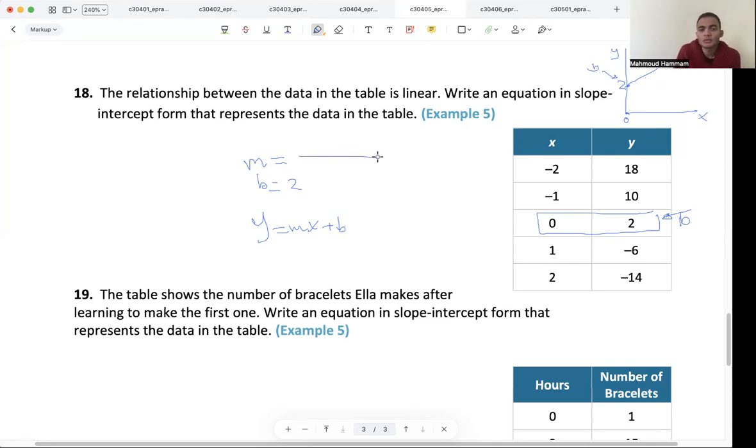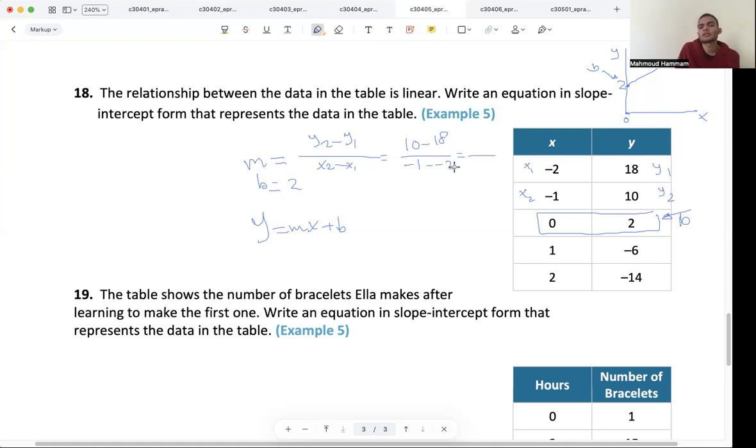In this case, I must use y2 minus y1 over x2 minus x1. Here is x1, y1, x2, y2: 10 minus 18 over -1 minus -2.